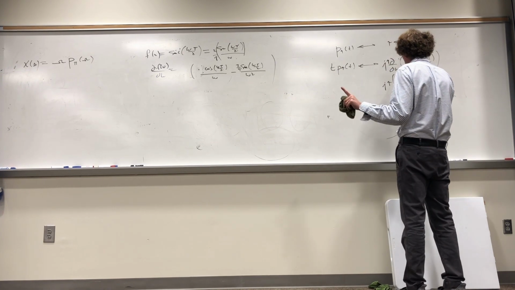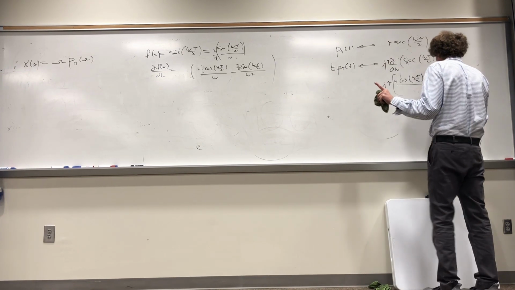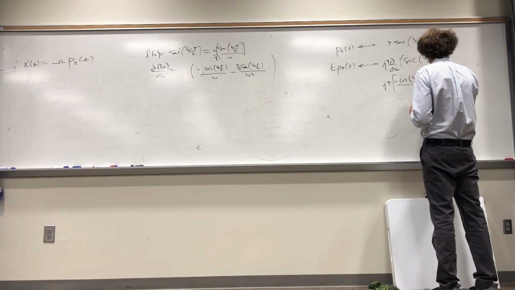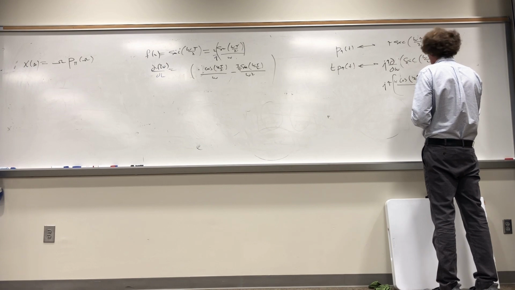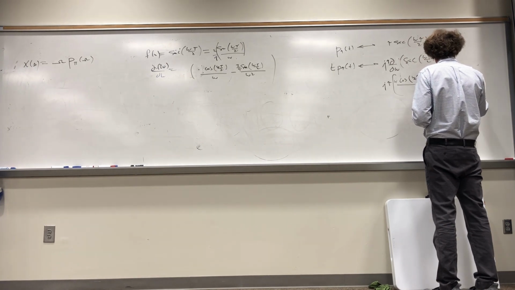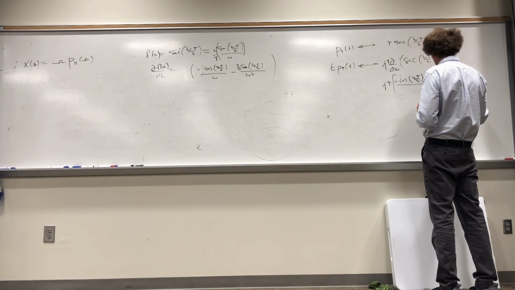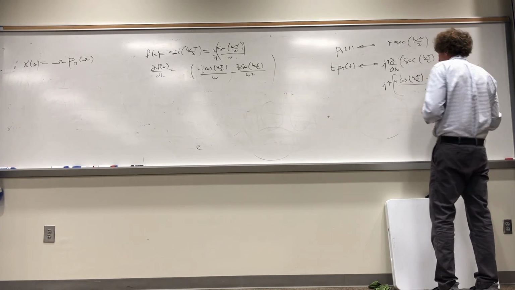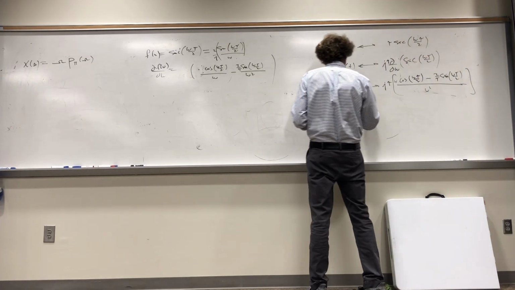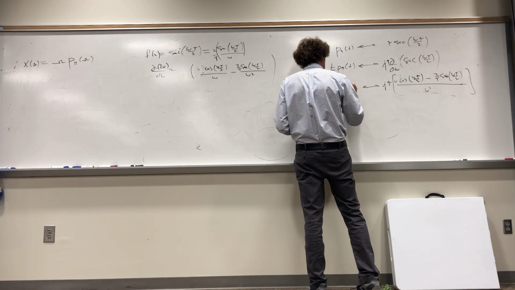I'm going to show you one thing. I'm going to multiply it by omega and just put omega squared down here. Then it's minus 2 over tau times the sine of omega tau over 2 here. And that would be the transform of t p tau of t in general.